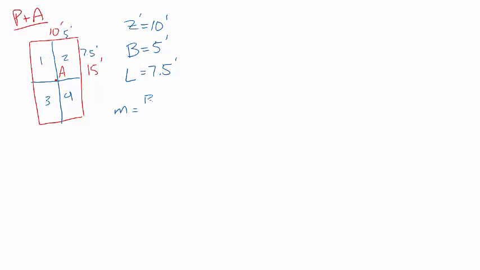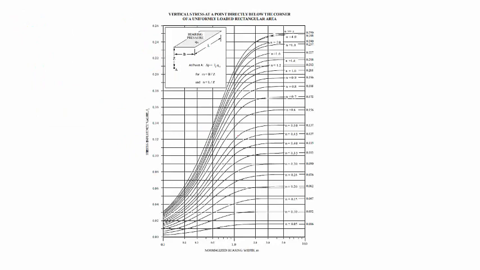And remember, M is B, the short distance, over Z. And in this case, that's going to be 5 feet divided by 10 feet, which is 1/2. And N is L over Z, which is 7.5 feet over 10 feet, which is 0.75.